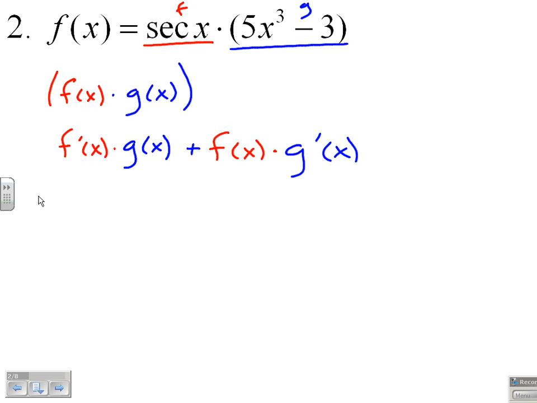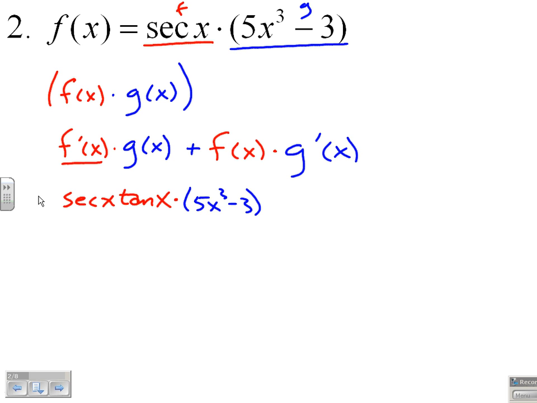My first function, secant. Well, that's one of those that we need to know, and the derivative of secant of x is given as secant of x times tangent of x. So my first function derivative is secant of x tangent of x. I need times my plain old second function, 5x cubed minus 3.